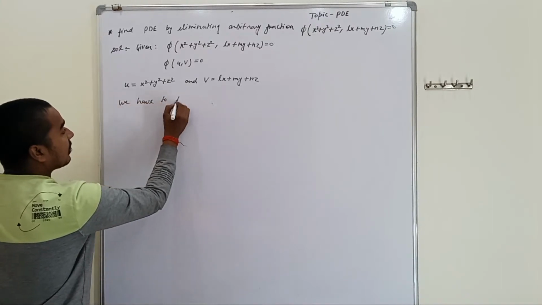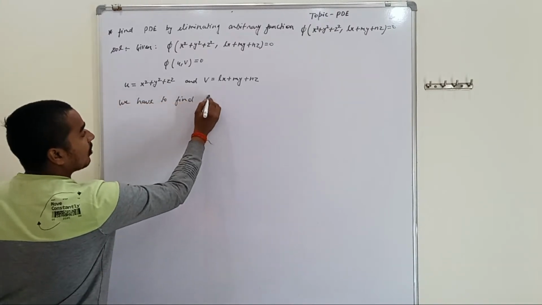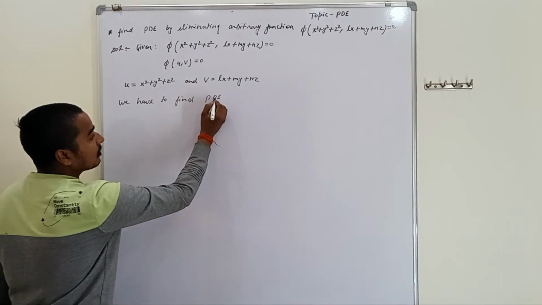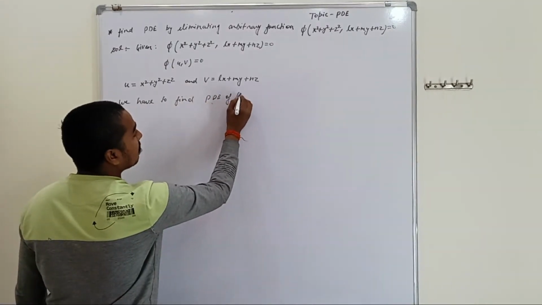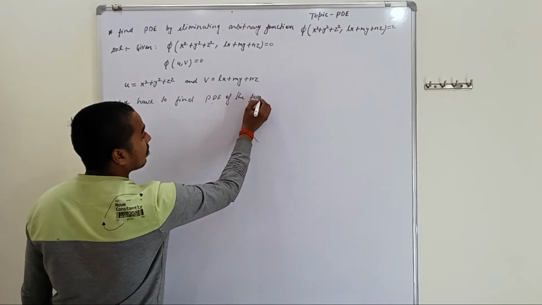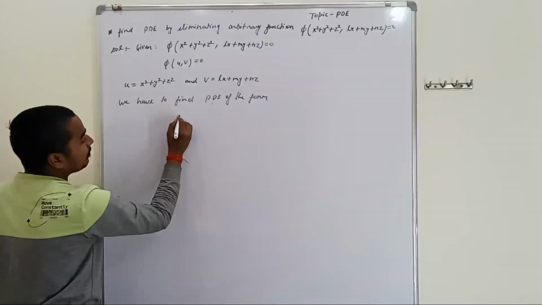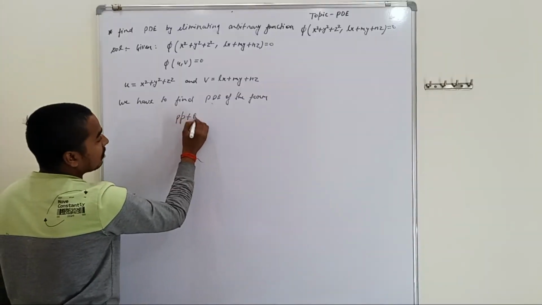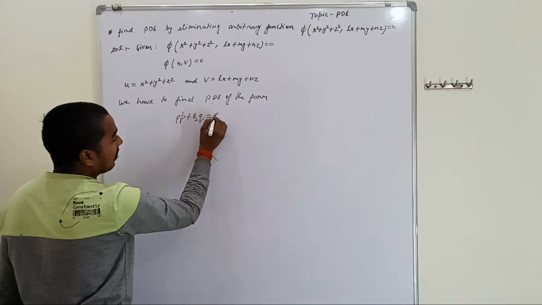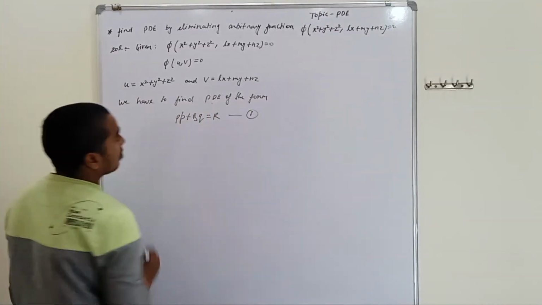We have to find the partial differential equation of the form, that is small p, small q, is equal to r. Let this be equation 1.